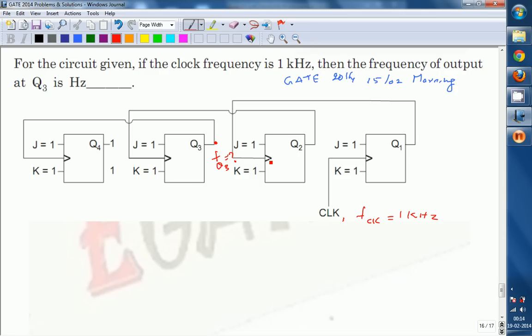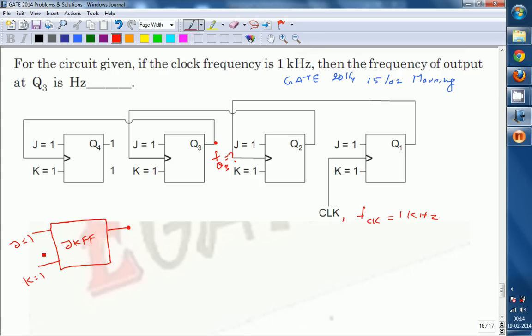Whenever J is equal to 1 and K is equal to 1, the flip-flop acts as a divide by 2 frequency counter. So if the inputs are tied at logic 1, the JK flip-flop simply acts as a divide by 2 counter.